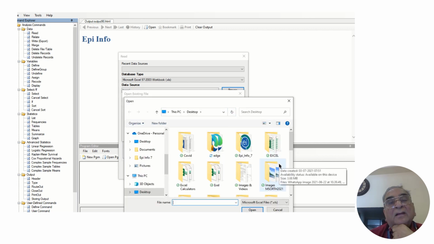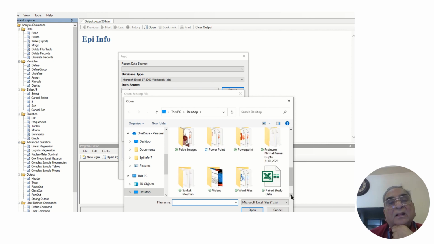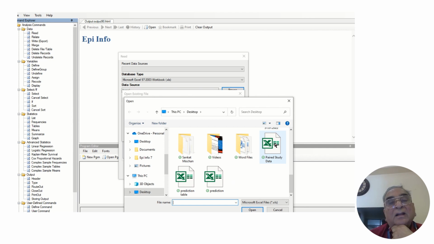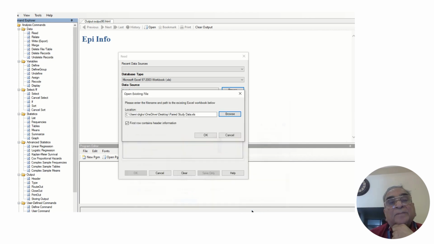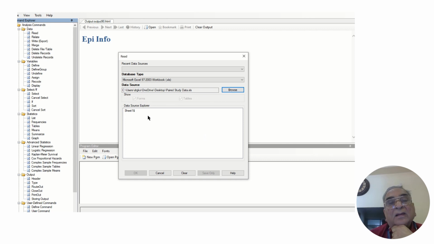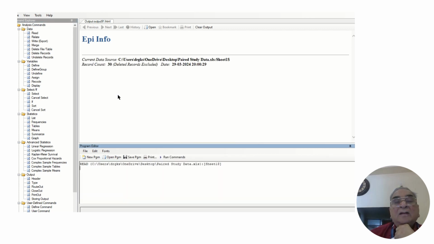It is on the desktop, so we search for it, and this is the file that we want to study, and we say open. It says first row contains header information, we say OK. Then we go on the sheet and we say OK. Now the 30 records are confirmed.